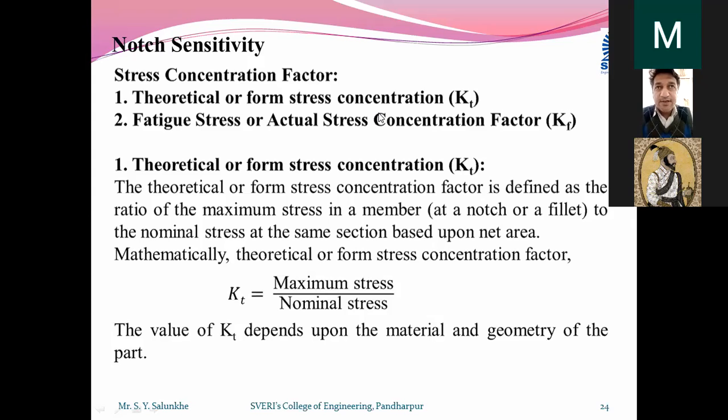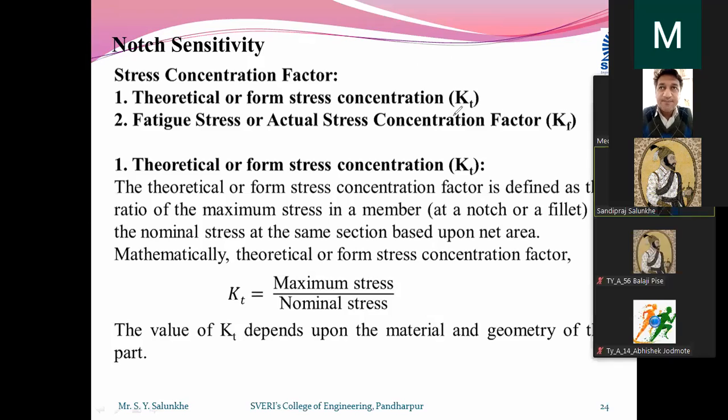Experimentation has shown that there is some difference between the theoretical stress concentration and the fatigue or actual stress concentration. The theoretical stress concentration is denoted by K suffix T, the form stress concentration.